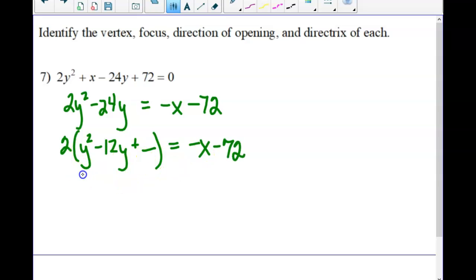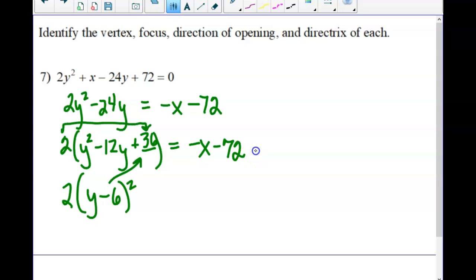When you factor out the 2, now when you complete the square, look what we really added to that side. Did we really add a 36? We added a 2 times 36, which is a 72 over there. So we end up over here with a -x plus 0.